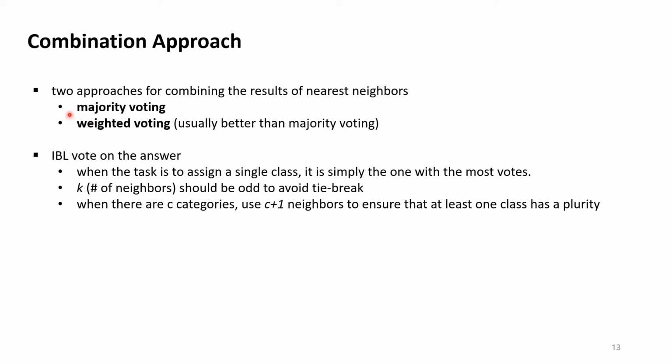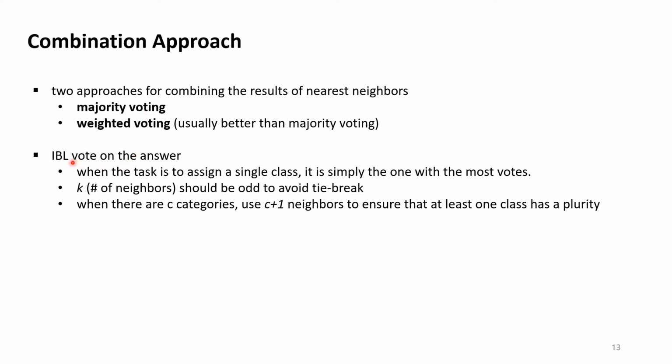The first one is majority voting, and the second one is weighted voting. In majority voting, each neighbor has one vote. It's kind of a democracy system. In the second method, each neighbor has a different weight. It's like a shareholder in a company. Usually it is known that weighted voting shows better performance than majority voting.